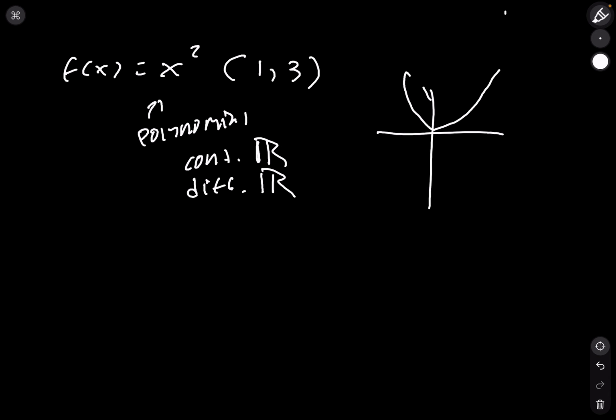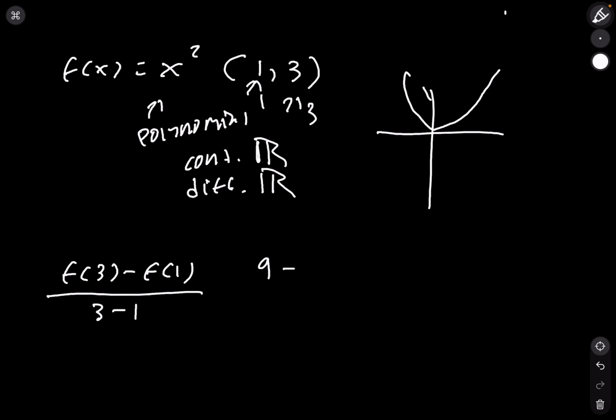So first off, let's just find f of b minus f of a over b minus a. Our b in this case will be 3, and our a in this case will be 1. So we just do f of 3 minus f of 1 all over 3 minus 1. f of 3 is 9, minus 1, all over 2, is equal to 4.